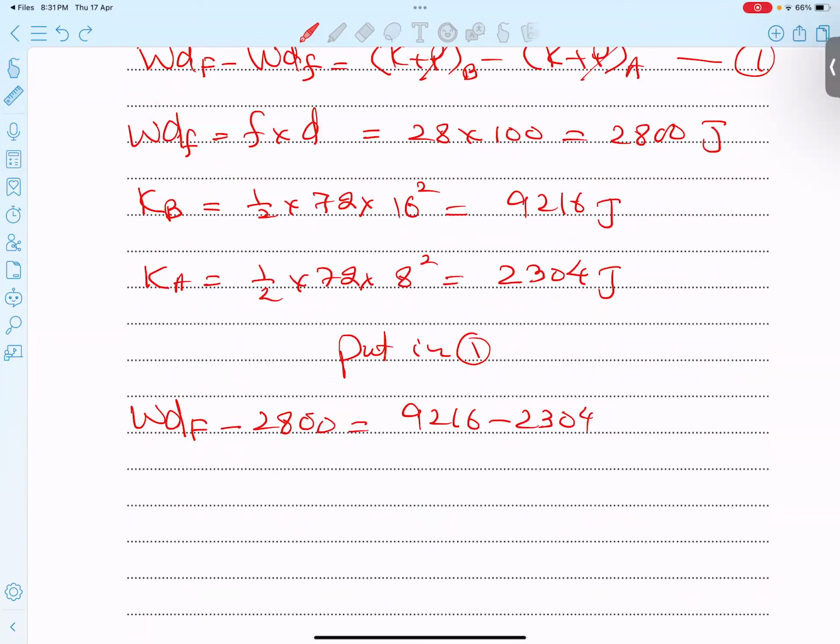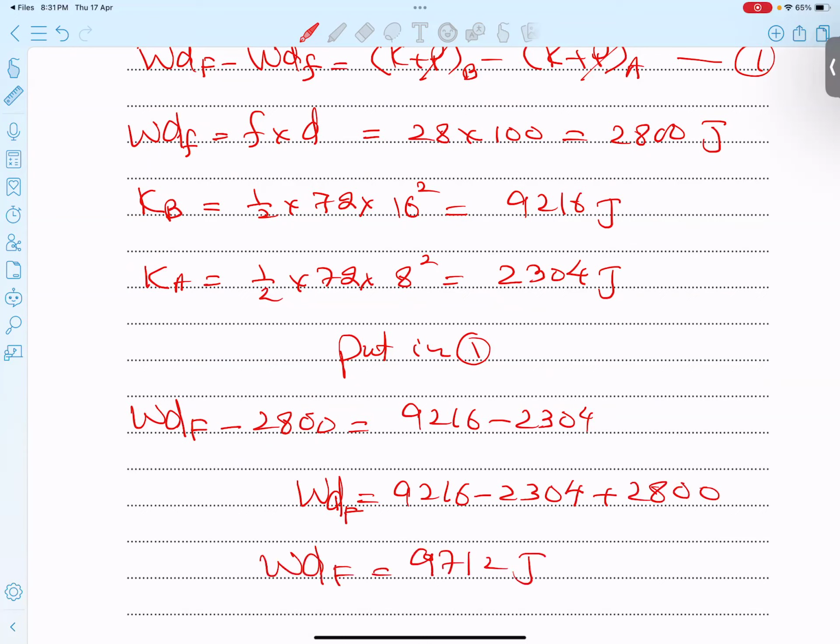So 9216 minus 2304 plus 2800, and my answer turns out to be 9712 joules. So that is the work done by applied force. I hope the concept is very clear and the question is over.